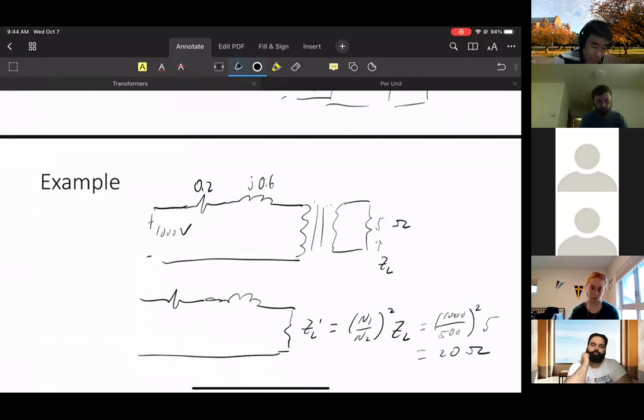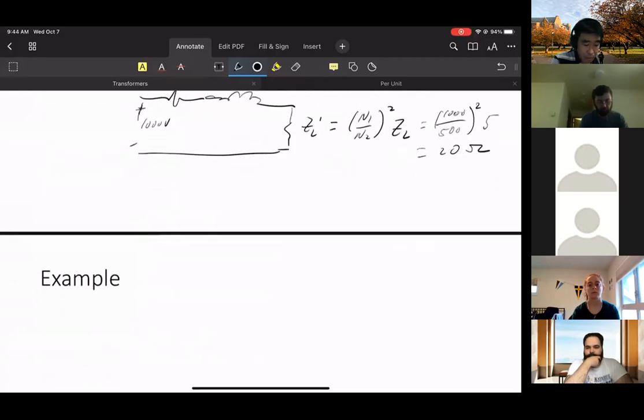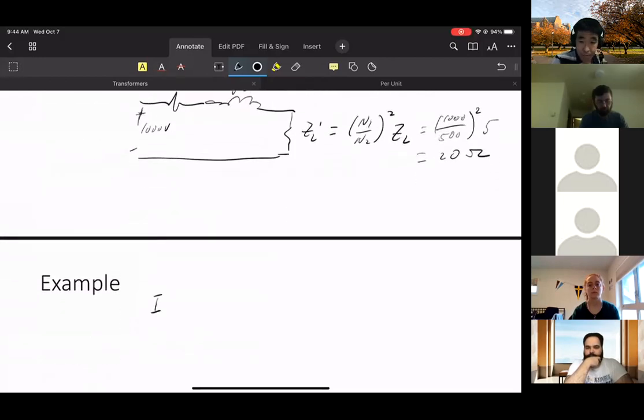And now we have a pretty simple circuit. We have a source of 1000 volts connected to a bunch of things in series. So now we can find the current going through this. These are complex impedances, but we can always assume that the source has angle 0.